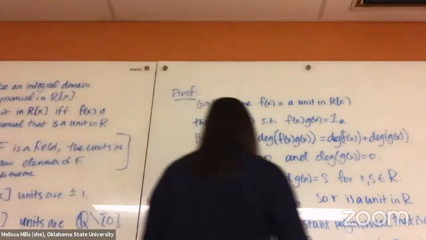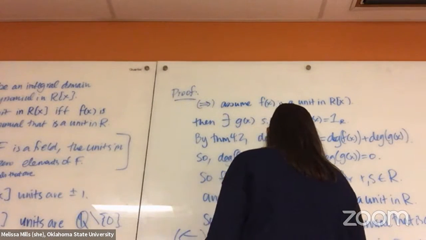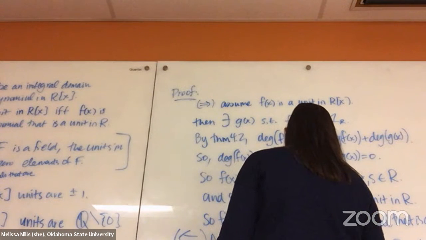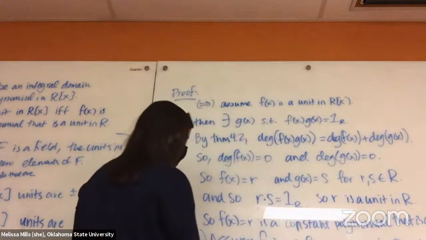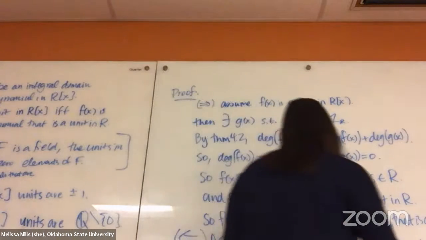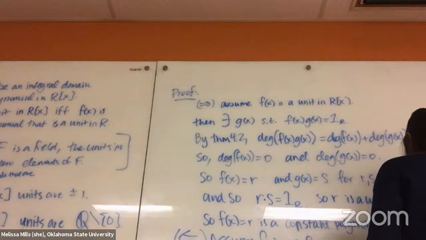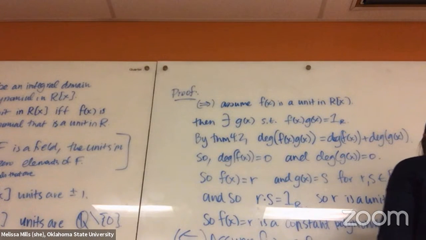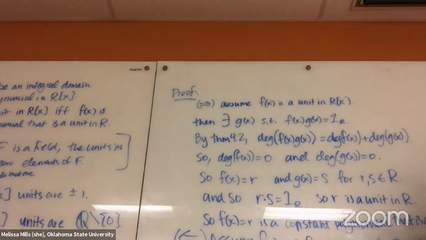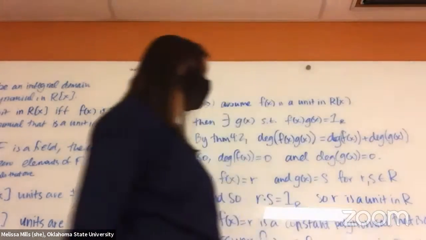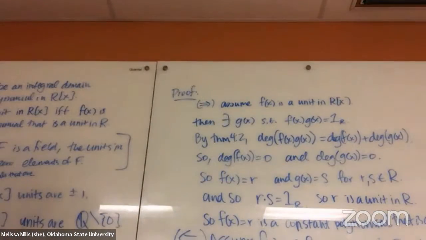So for g of x equal to that s, we have f of x times g of x equals rs equals 1R. So f is a unit in R adjoin x.